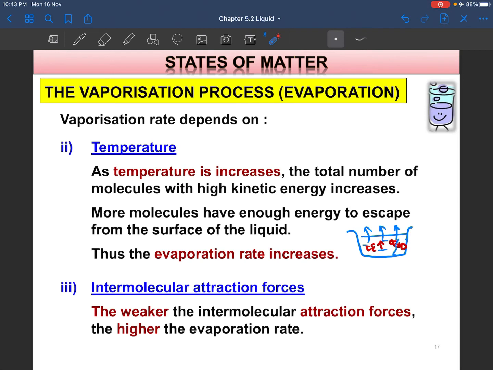Okay, and another factor is that vaporization depends on intermolecular forces.